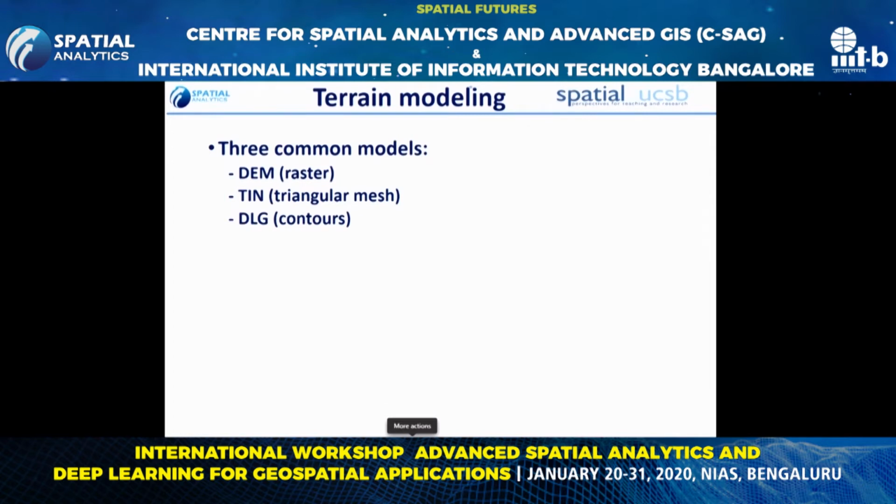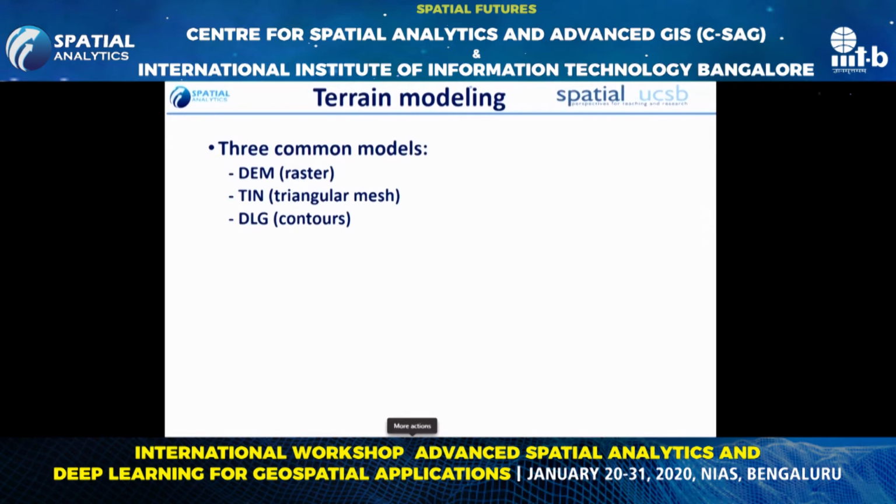So in modeling terrain in GIS, we typically have 3 models that we use. The first, the digital elevation model, which represents terrain as a raster of spot heights. Secondly, the triangular mesh or TIN, which represents the terrain as a set of triangular facets, each of uniform slope.